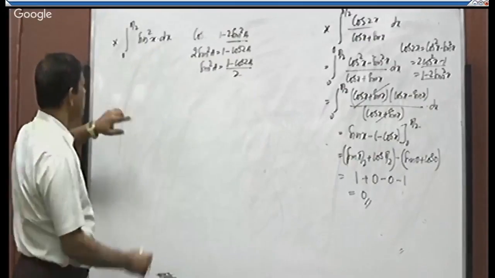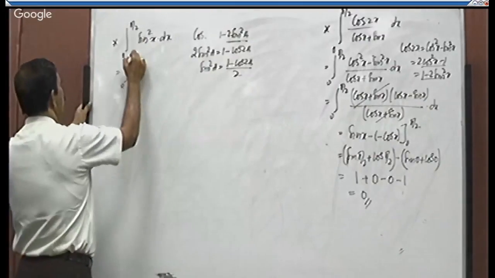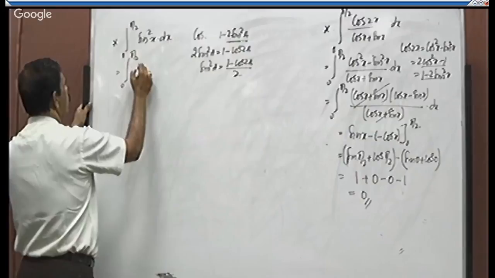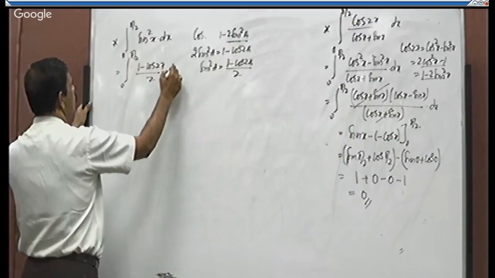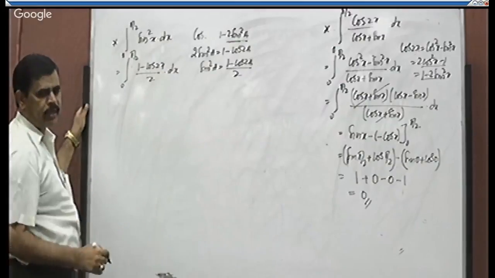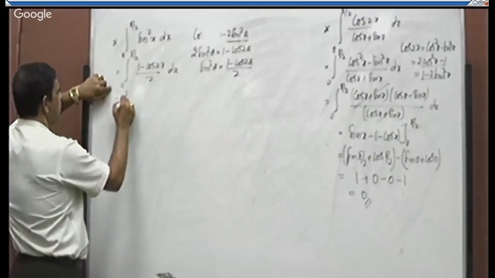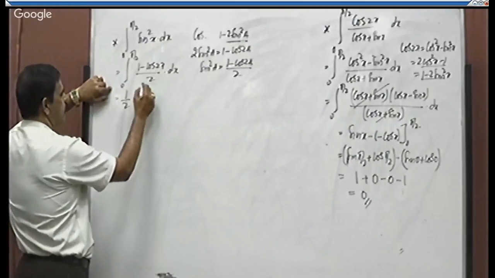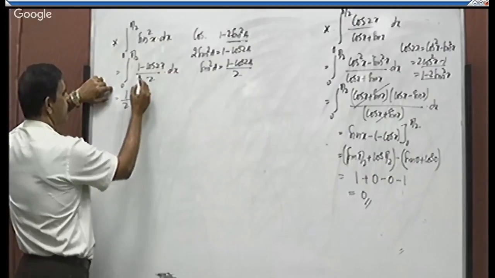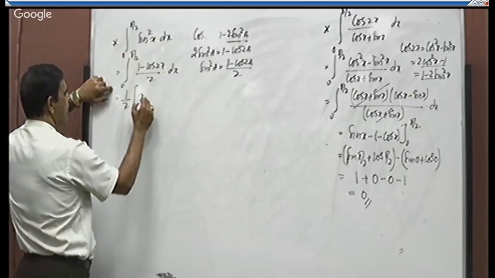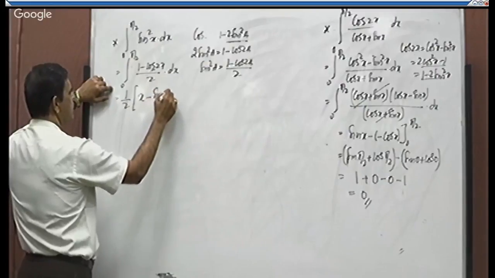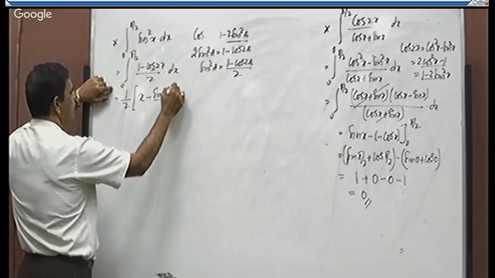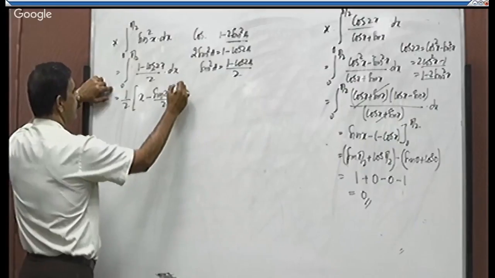You just take that formula. 0 to pi by 2 of (1 minus cos 2x) all divided by 2 into dx. Right? Take 1 by 2 outside. You take this constant outside. Then go for integration. Integration of 1 is x minus integration of cos 2x, which is sin 2x divided by 2, bracket 0 to pi by 2.